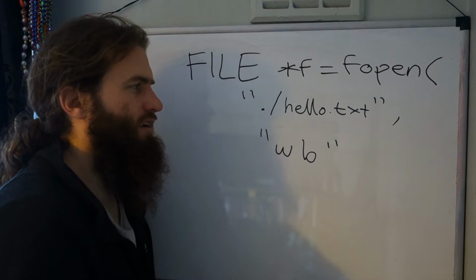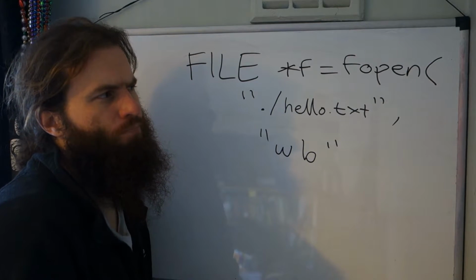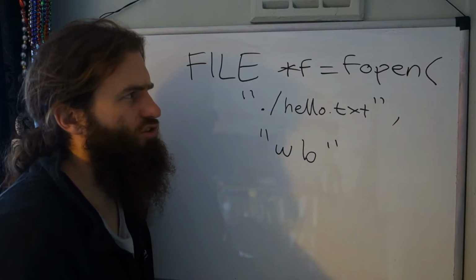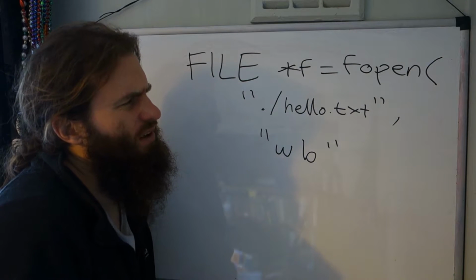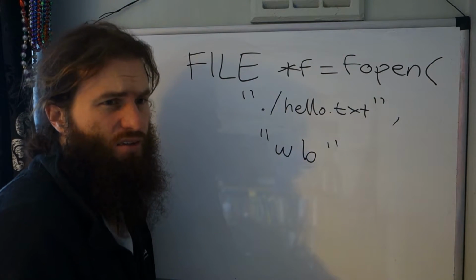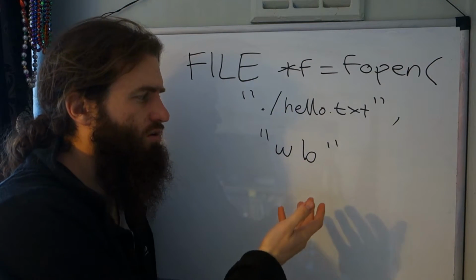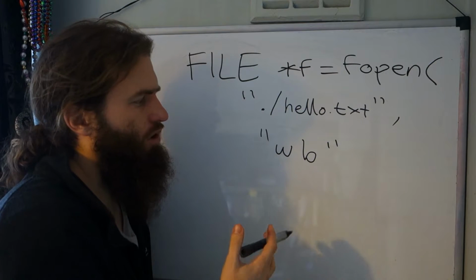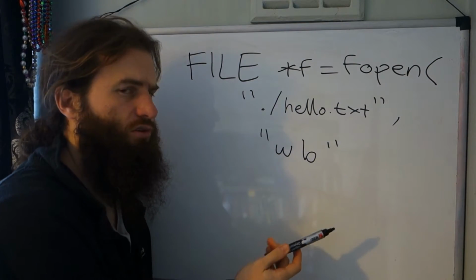The B explicitly states that you do not want any line mangling to happen, any interpretation of those characters as being special. So the recommendation would be, if you're opening a file for text manipulation, use W, or whatever it is, R if you're reading, and if you're opening it for binary manipulation, then put a B afterwards.